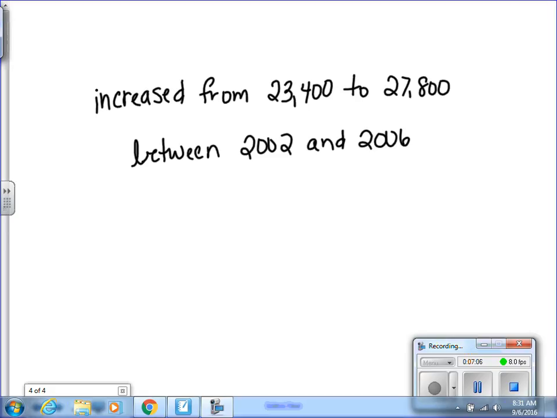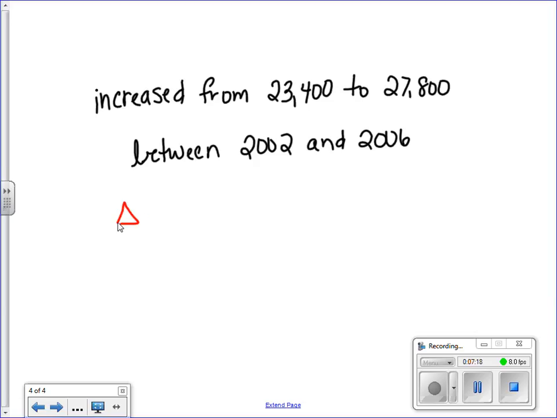Which one's the input and which one's the output? The output's the population. So it's going to be the change in population over the change in years. Generally, time passing is going to be your independent variable, your input. You can't change time. Time may change me, but I can't change time.